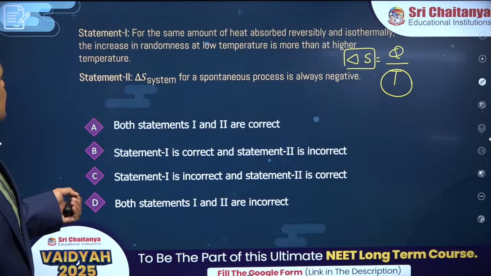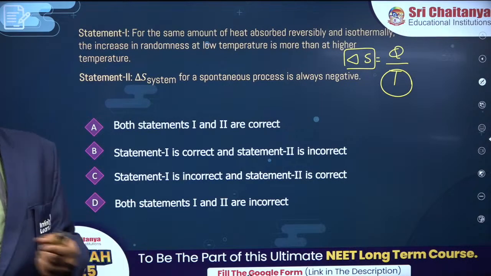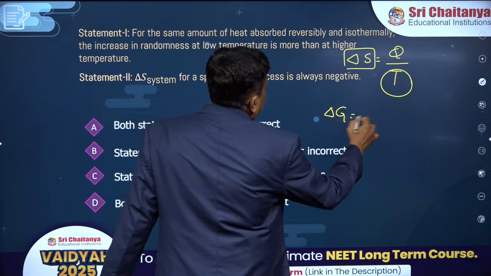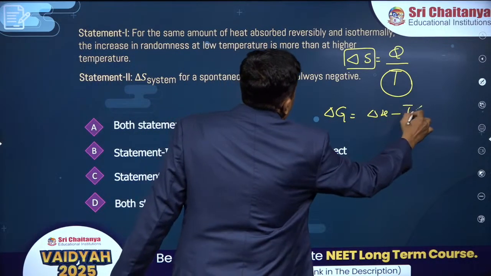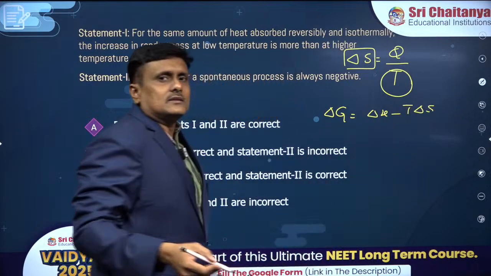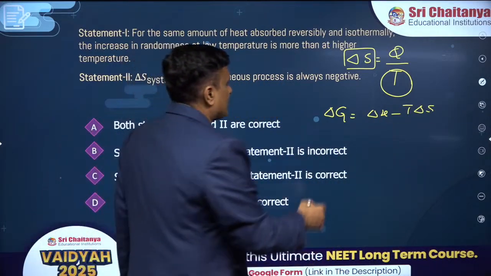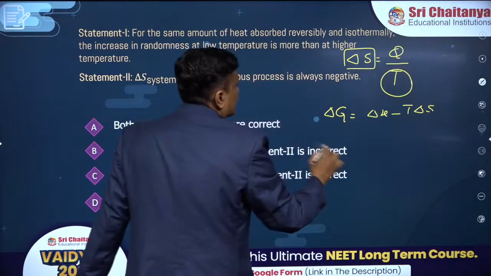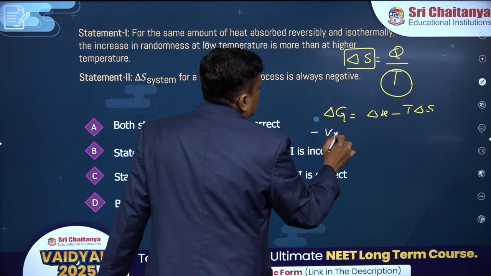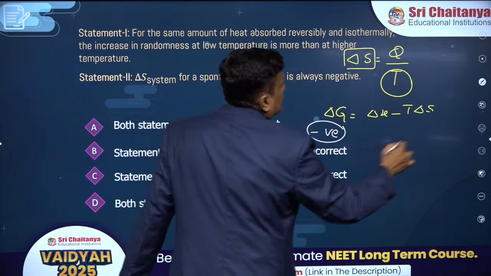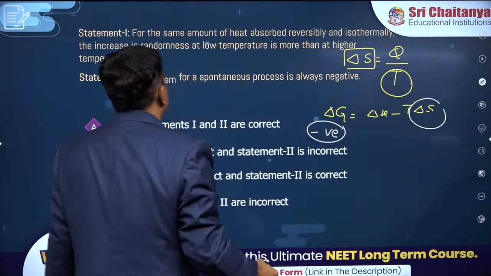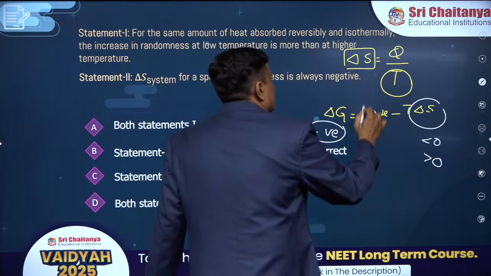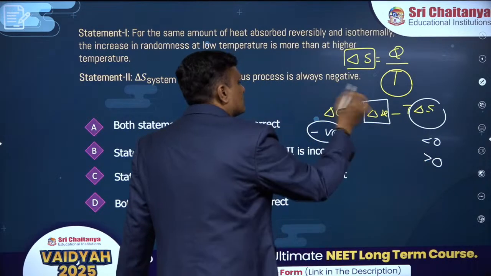Statement 2, delta S of system for a spontaneous process is always negative. This is not sure, right? Because when we talk about delta G, listen to me, the sign of delta S, if it is spontaneous, delta G would be negative. But delta G could be negative or positive depending upon the sign of delta H also.